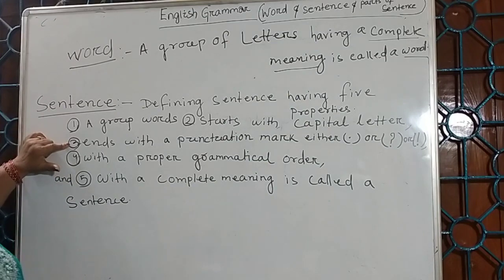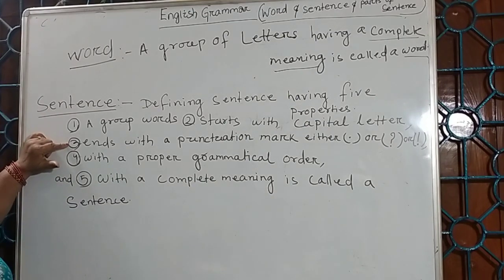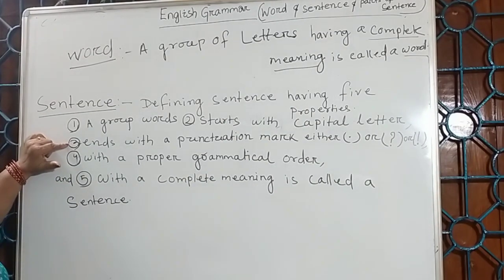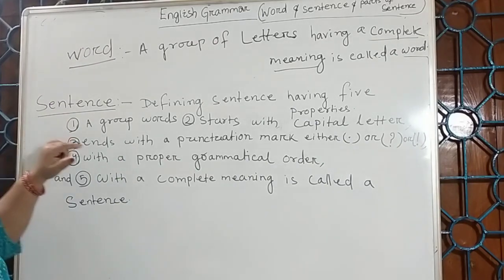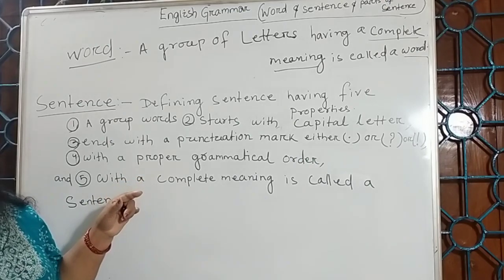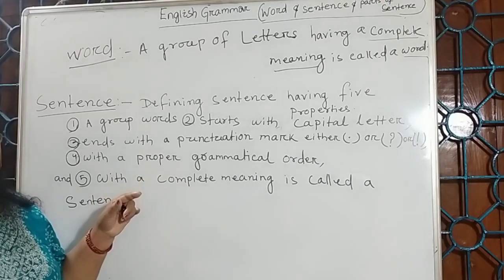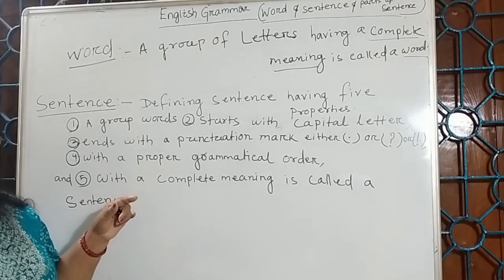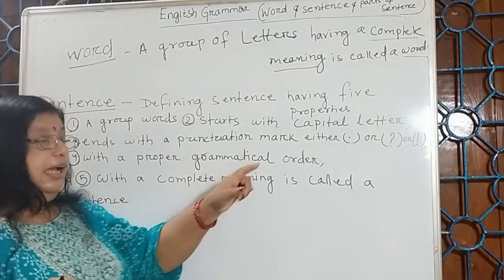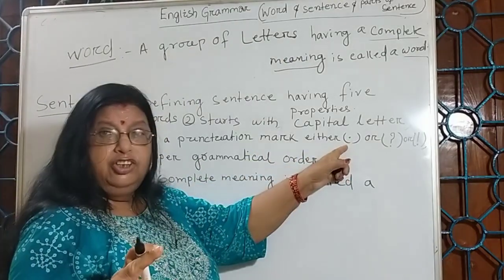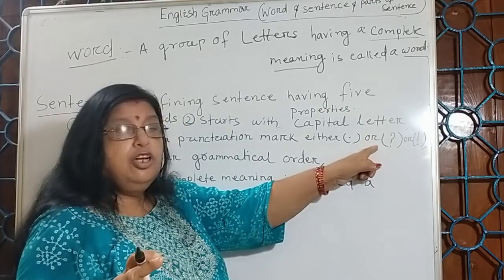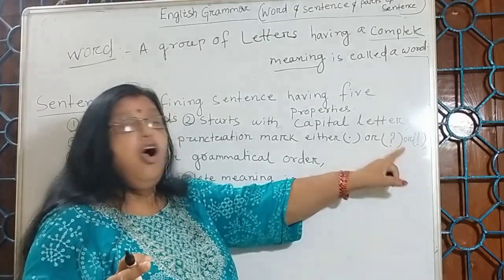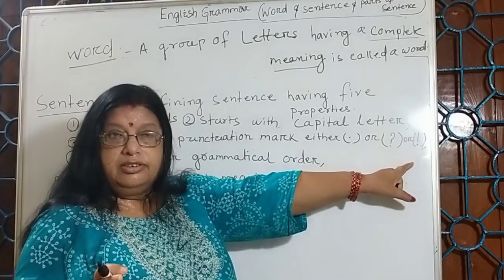Third property, ends with a punctuation mark. So, 3 main punctuation marks are there. When a sentence comes to an end, it takes either full stop or question mark or exclamatory mark.